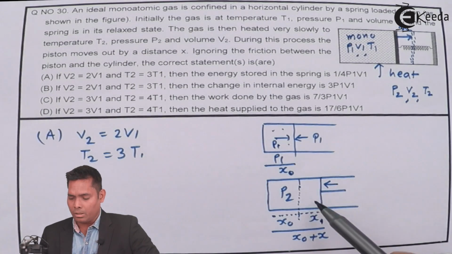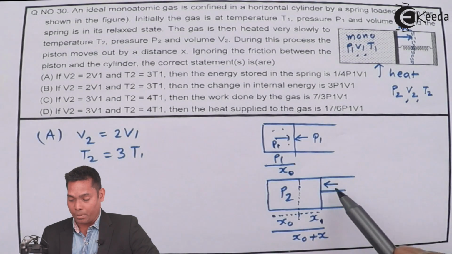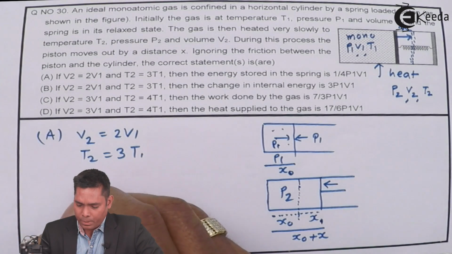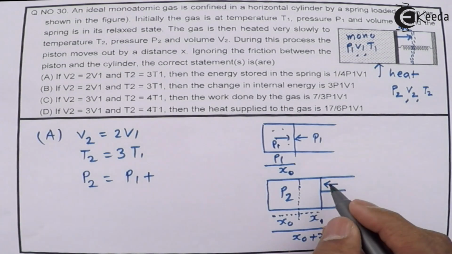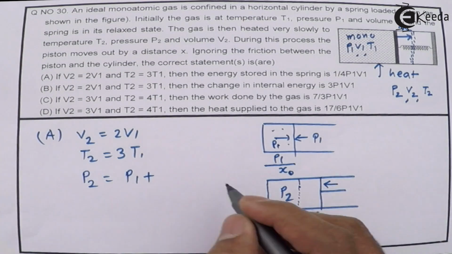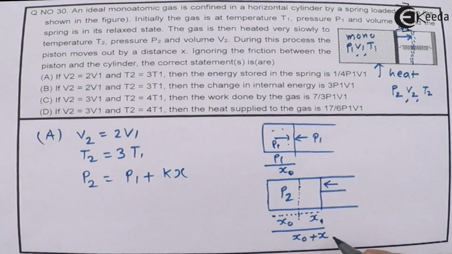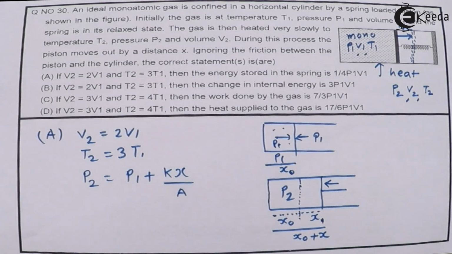So I write P2 as P1 plus the force per area, which is Kx, the compression of the spring, divided by the area. This P2 is P1 plus the extra pressure.